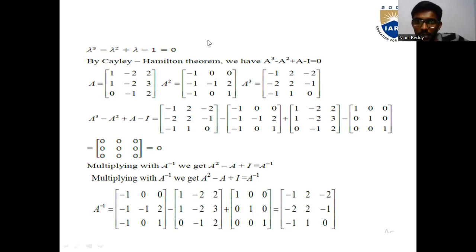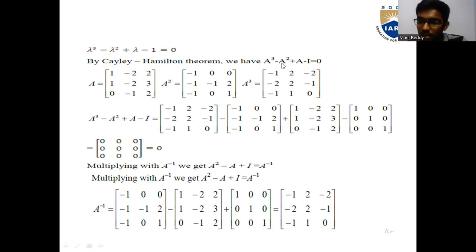We have only been given that A is a matrix, and we have to find A square and A cube, and we know that I is the identity matrix. First we'll find A cube. How to find that? A into A, the given matrix multiplied by that matrix itself, gives the A square matrix.